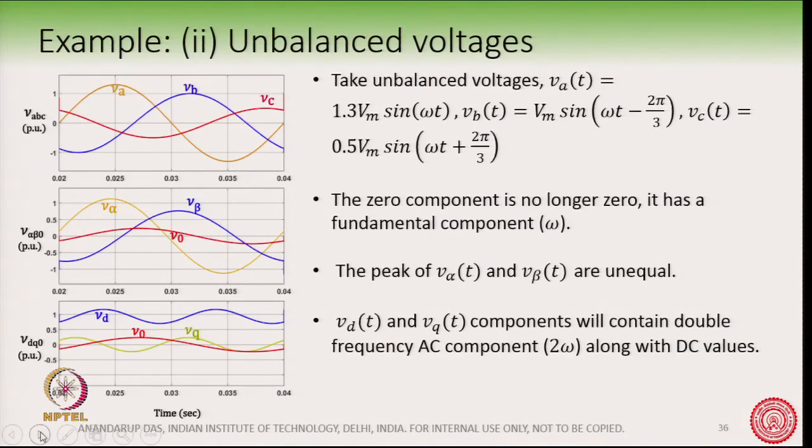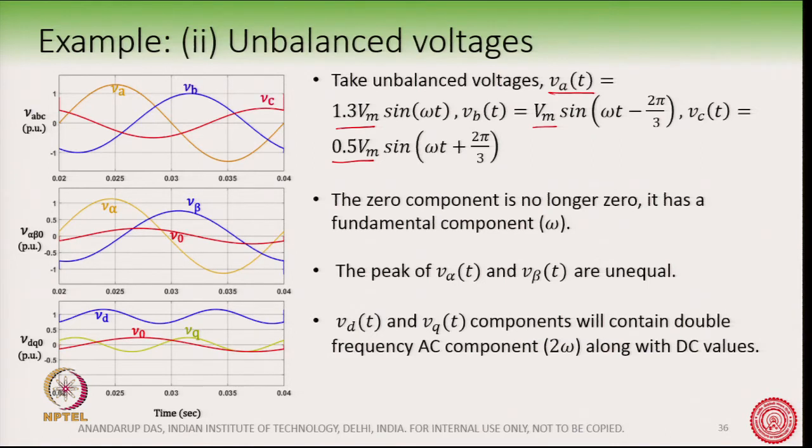Okay. Let us now take the second example, and this example is about unbalanced voltages. Now, in case of unbalanced voltages, we have taken an example here. So, Va is 1.3 Vm sin omega t, Vb is Vm sin(omega t minus pi by 3) and Vc is 0.5 Vm. So, we have only made the magnitudes different.